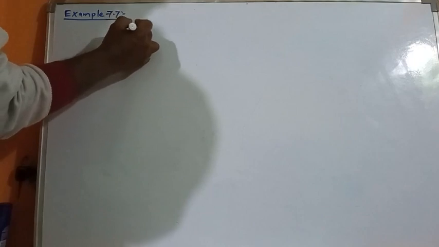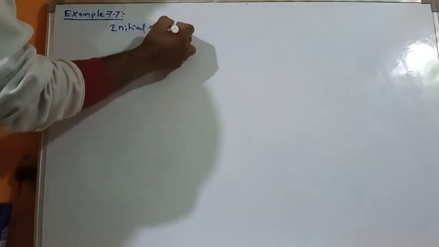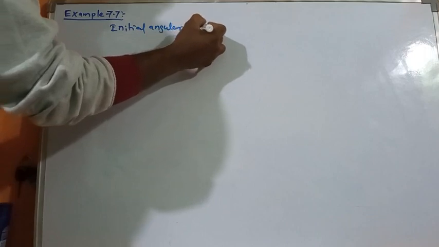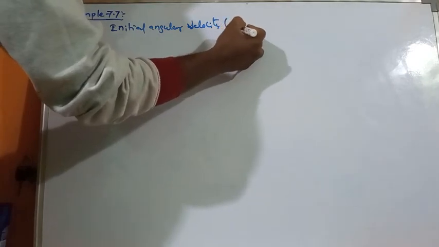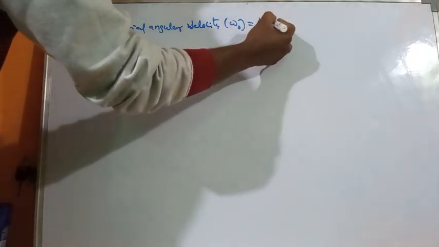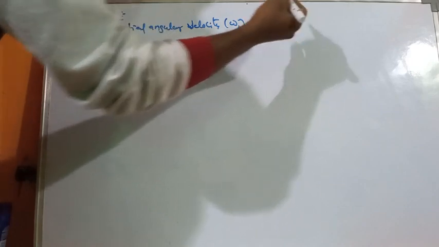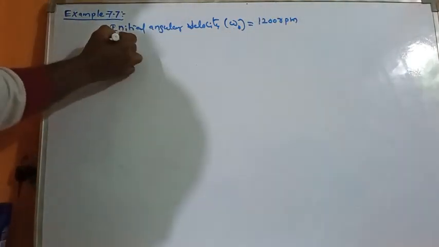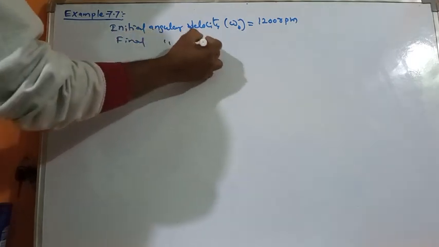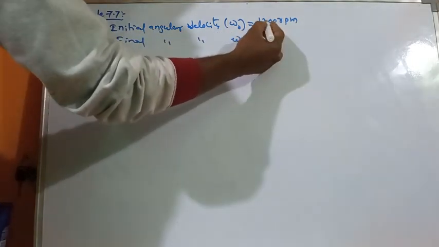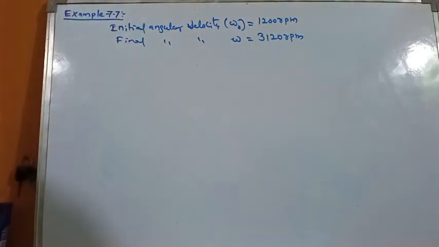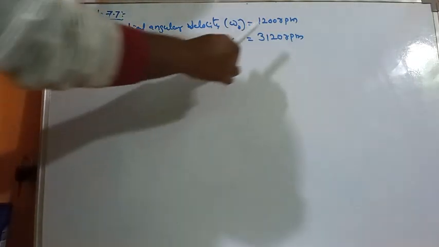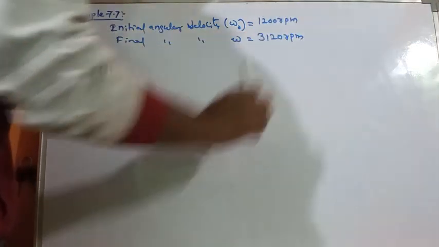Initial angular velocity or speed, that is omega naught, is equal to 1200 rpm. Then final angular velocity omega is given, that is 3120 rpm. But we should convert this rpm into radians per second.